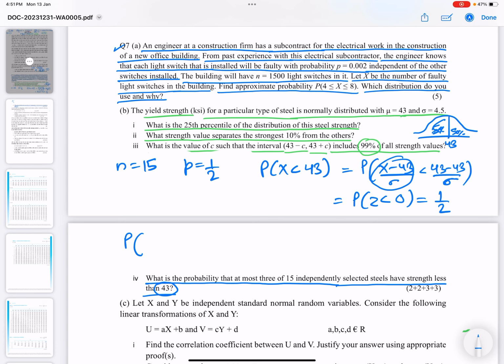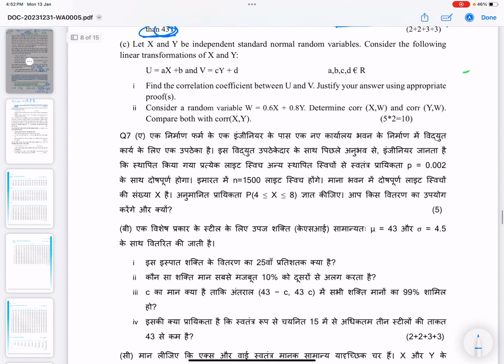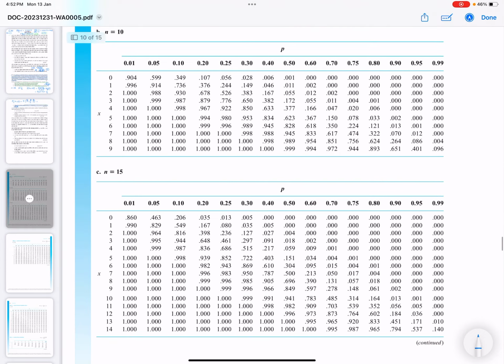What about at most 3 having strength less than 43? So we need to find the probability x less than or equal to 3. So this is the cumulative binomial with p half and x 3. So this is n, this is p, this is x. So we'll find this. p is half, n is 15, x is 3.